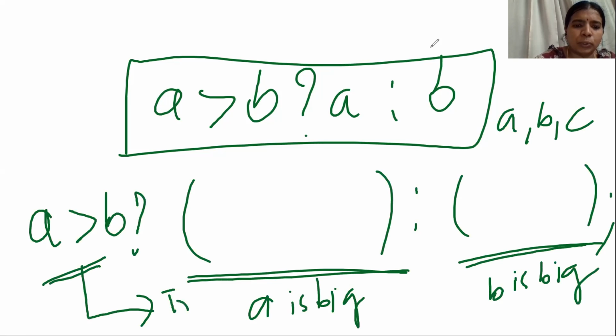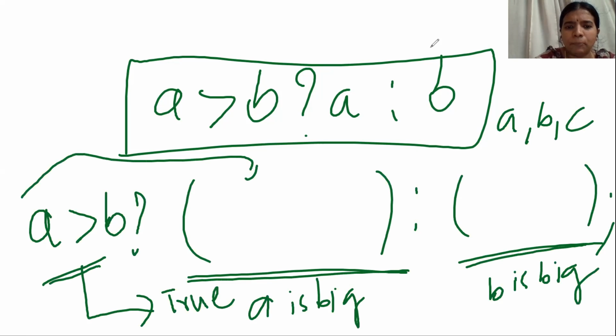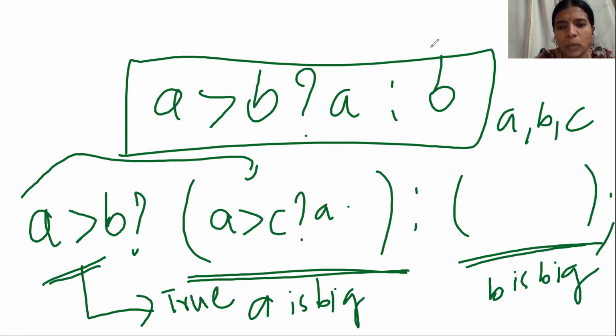If this is true, then you take the bigger element, that is A, and start comparing with the third element, that is C. But again, this is a condition. Many times A might be bigger, equally C also can be bigger. So there is a condition again, which gives two answers, either A or C.